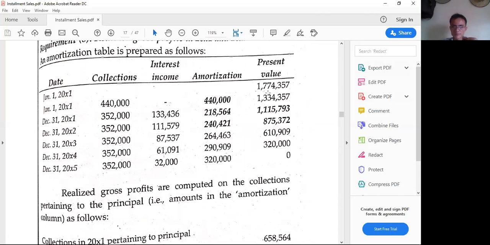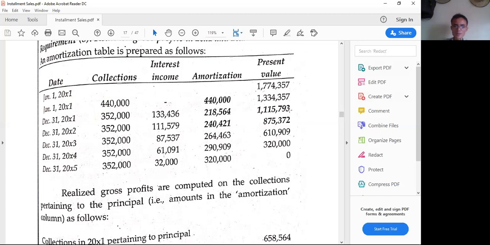Some would be saying, isn't it we are going to extract interest from this amount? Actually, we have already extracted. For example, for 20X1, this was the interest. The interest that accrued for that year was already removed for us to get this. In fact, when we deducted amortization here, this is already net of the interest. Therefore, this amount is net of interest.